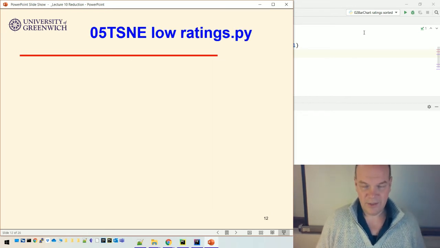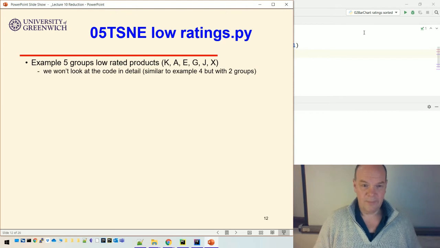Okay, so let's try with low ratings. We can look back at the bar chart that I showed you a few slides ago and see that low-rated products are K, E, A, E, G, J, and X. Without looking at the code in detail, this is similar to the previous example, but using 2 groups.